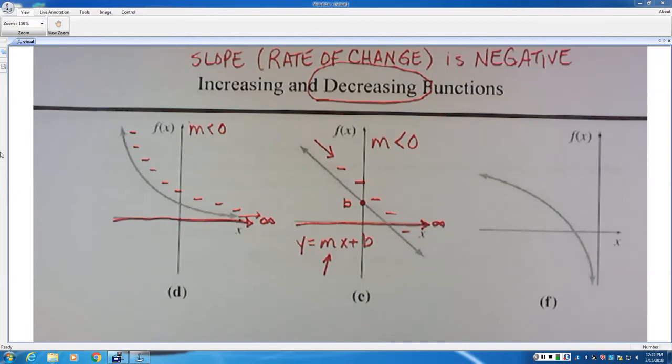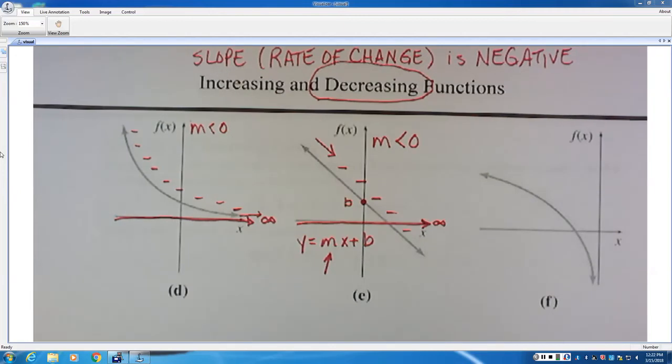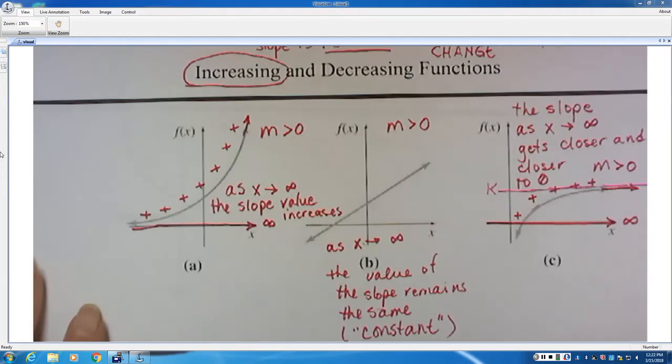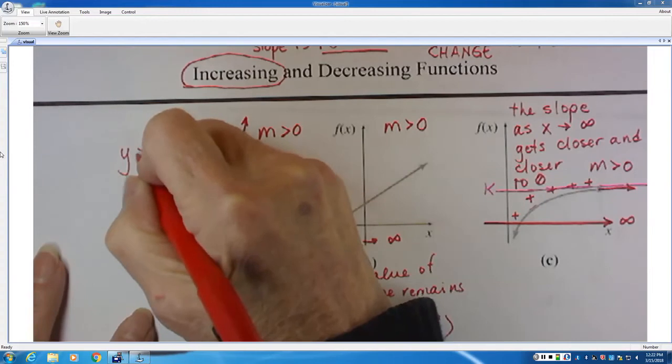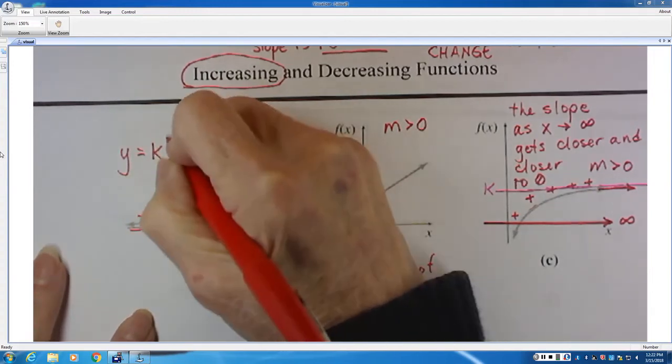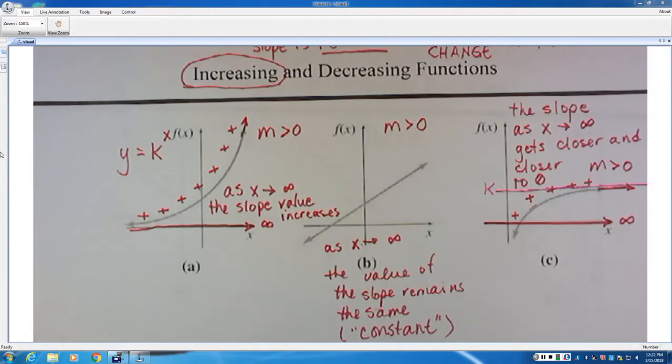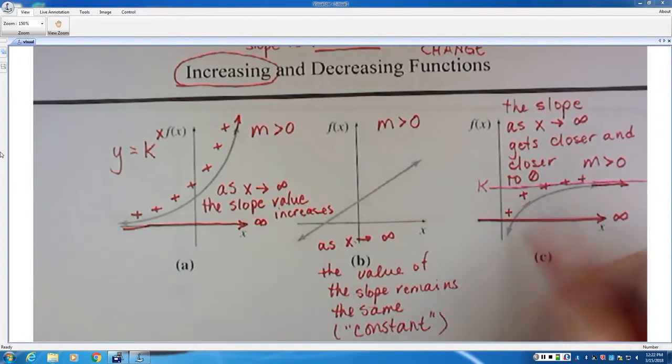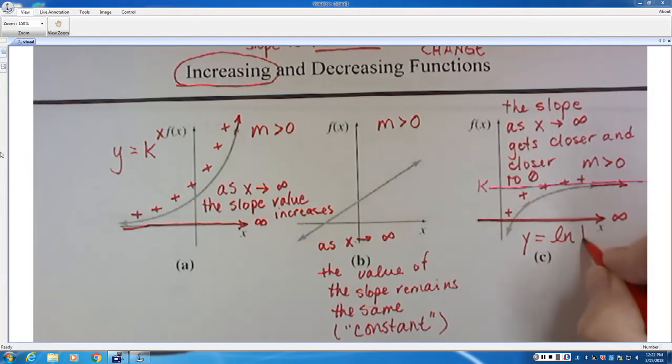This, by the way, is an exponential function also. The other function that we looked at here, this is an example of a function where you have y equals some number k to the x power. This is a logarithmic function. Or this is the natural logarithm of some expression.